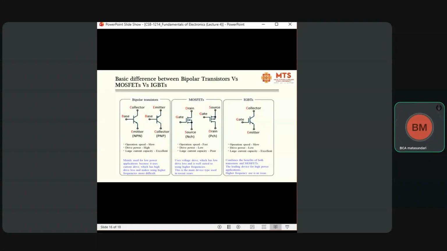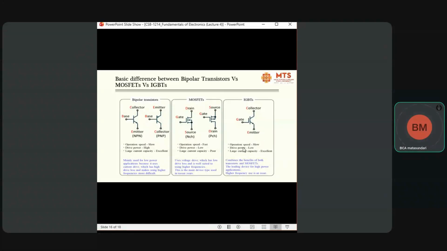Next will be IGBT, that is emitter, gate and collector. This is almost similar to MOSFET, only the arrow symbol is different. It is coming to the emitter in IGBT.